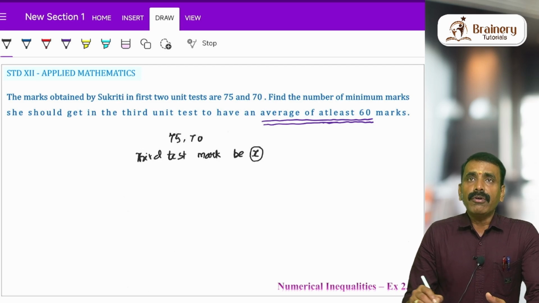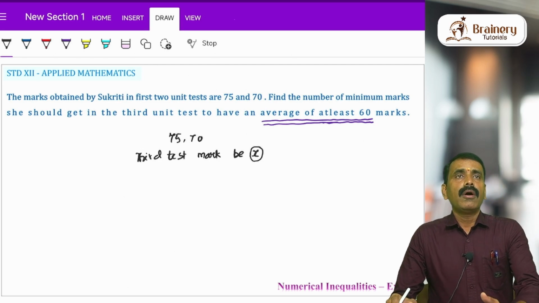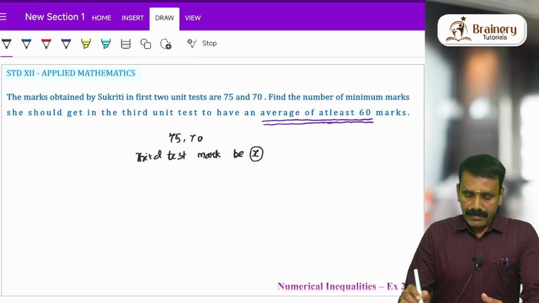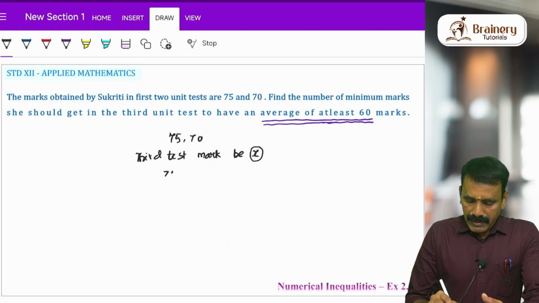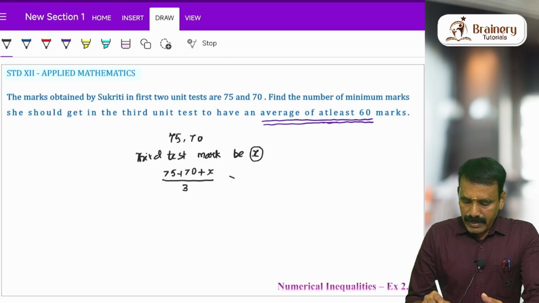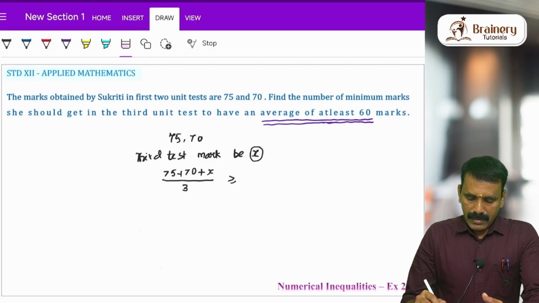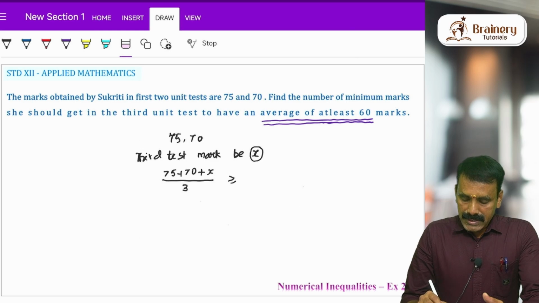So we find the average. How to find the average of three subjects? We must add the marks of the three subjects and divide by 3. So (75 plus 70 plus x) by 3, and this should be greater than or equal to 60 marks.